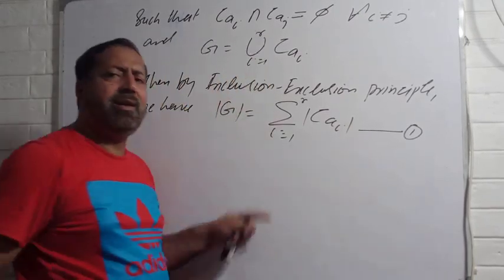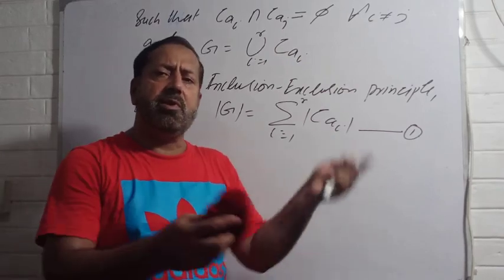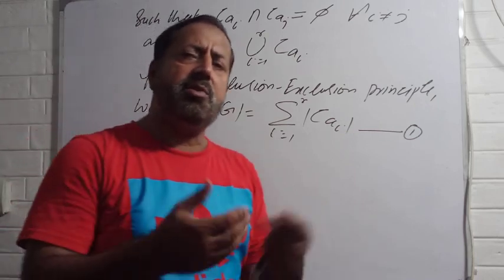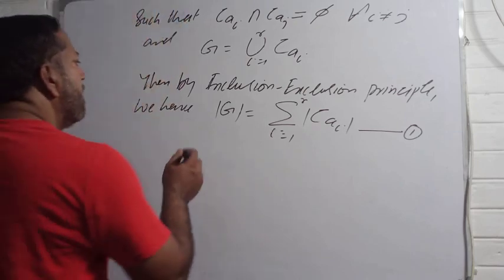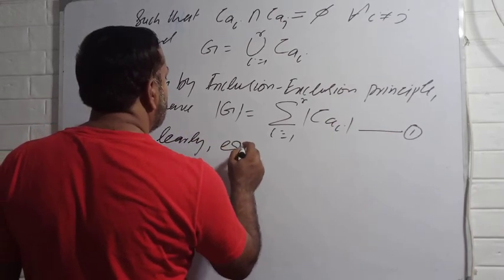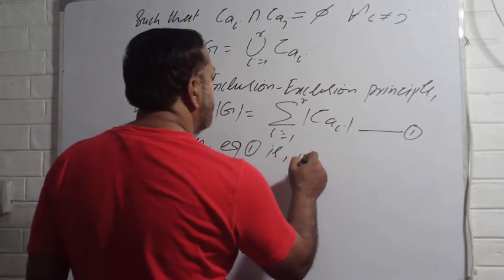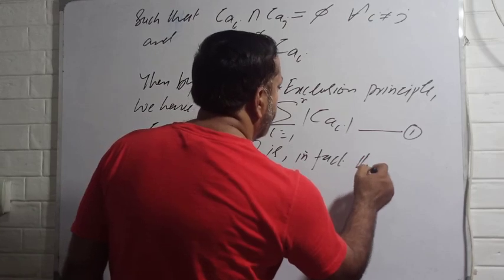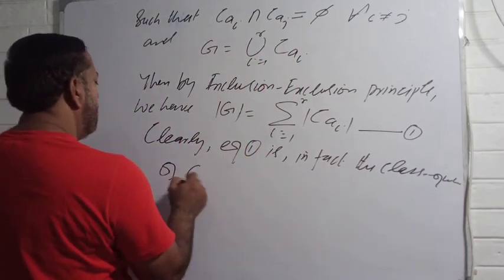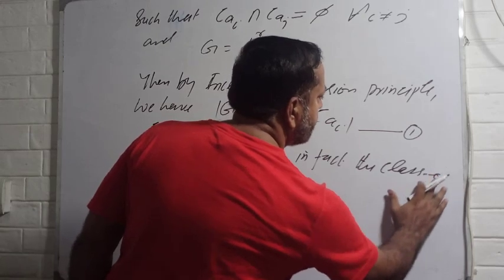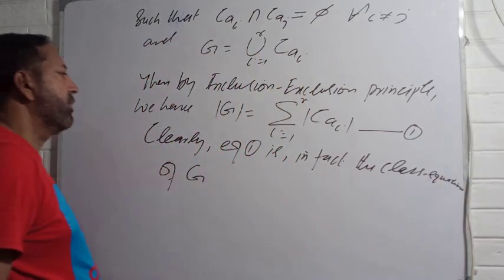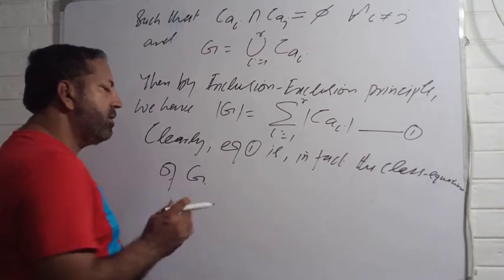Or you can write directly this as the class equation, where CA1, CA2 are the disjoint conjugacy classes, or possible conjugacy classes, namely R. Clearly, equation 1 is in fact the class equation of G. Okay, this is our first idea.